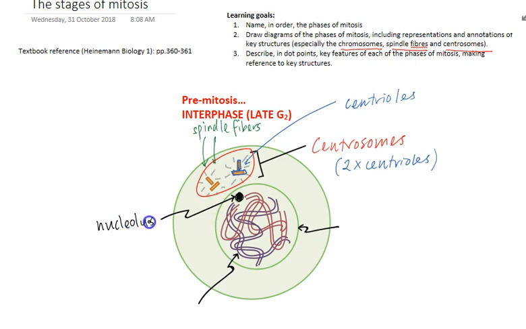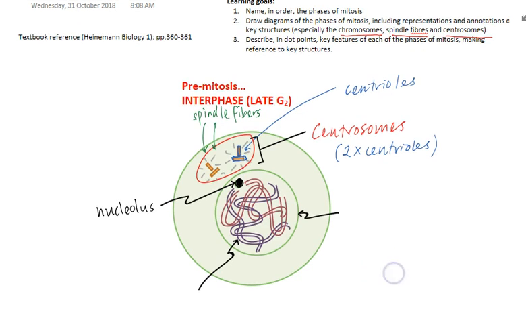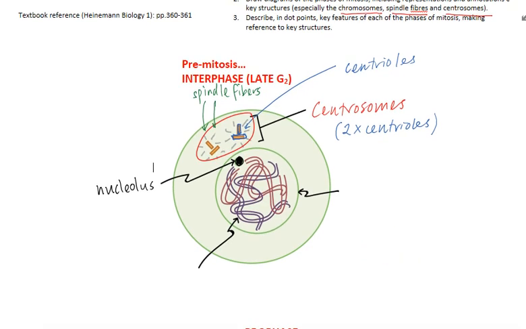This is a structure in the nucleus where the ribosomes begin their formation. The ribosomes are like the protein factories. We won't refer to the nucleolus beyond this diagram, but it's good to know what that is at the very least.